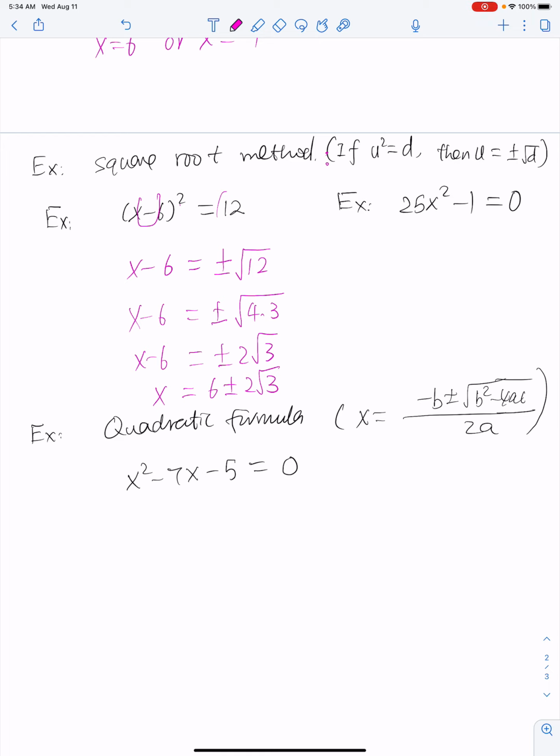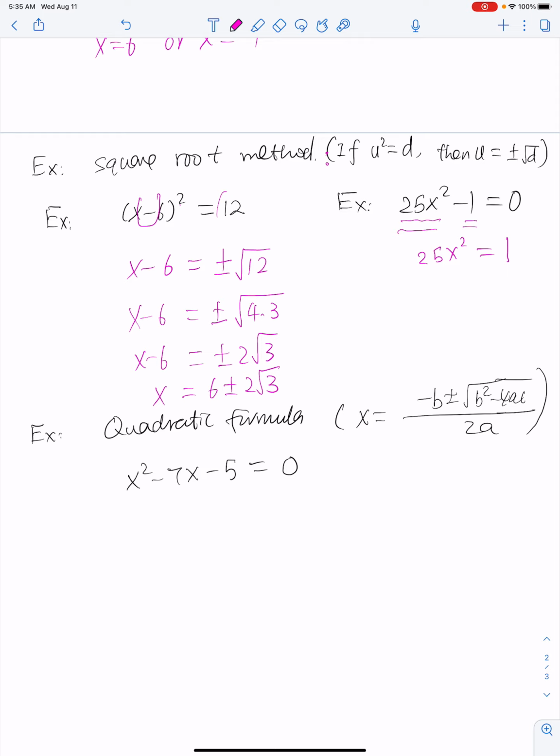So what should we do here? When you see a square and you see a number, maybe we can use this method. For this one, you want to keep the square on one side and the number on the other side. So we have 25x squared equal to 1. What is your u here?